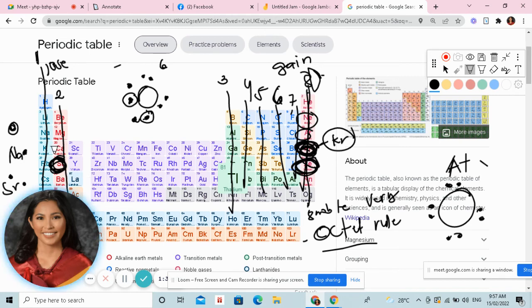Okay, if we have calcium, how many electrons does calcium have? What's the atomic number of calcium? As you can see above, it is circled. We have 20. So what will calcium do? Will it gain or lose?